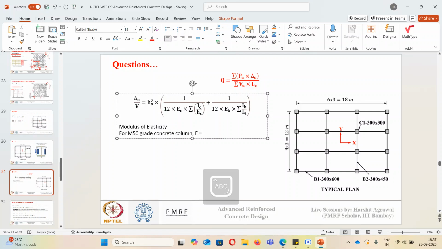modulus of elasticity will be given by 5000 under root FCK. So 5000 under root 50, to the power 1 by 2. This calculation will come out to be 35355.34 MPa.